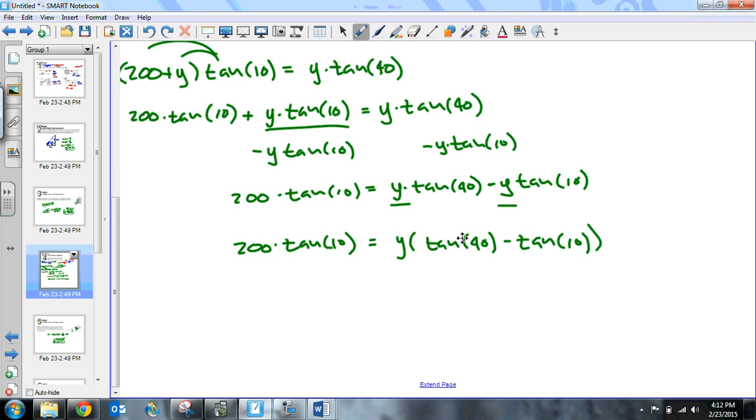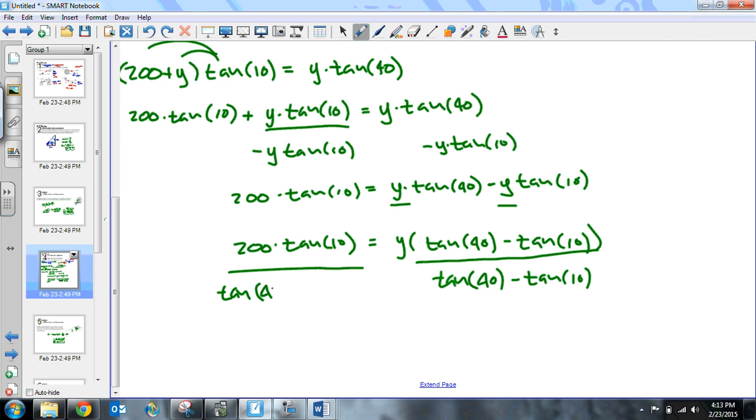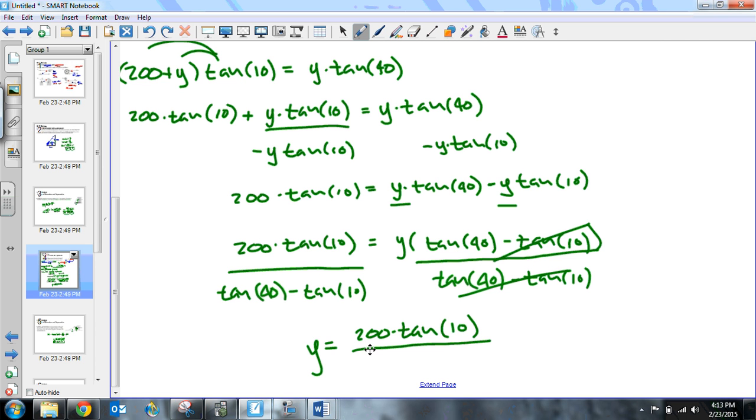Tangent of 40 minus tangent of 10 is a quantity of two numbers, so I can divide both sides by it. This divides out, and I get that y is equal to 200 times tangent of 10 divided by tangent of 40 minus tangent of 10. That's what y is equal to.